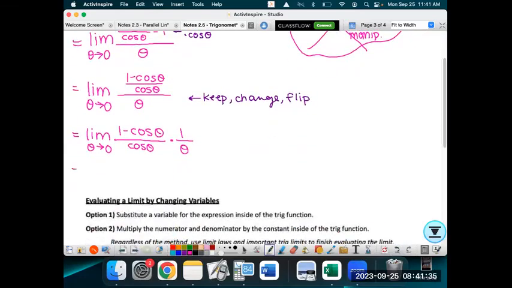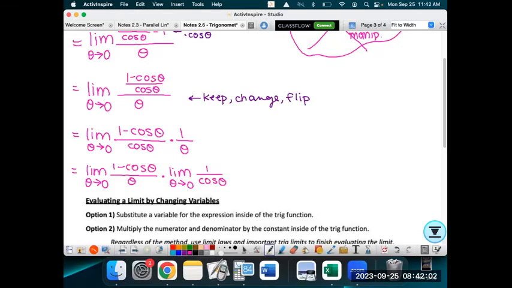So I'm going to rewrite this as the product of the 2 limits, where I have 1 minus cosine theta over theta in one limit. And then in the other limit, whatever is remaining. So we would have remaining 1 in the numerator and then a cosine theta in the denominator.